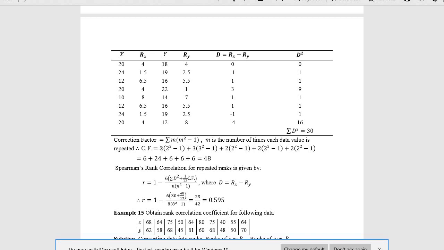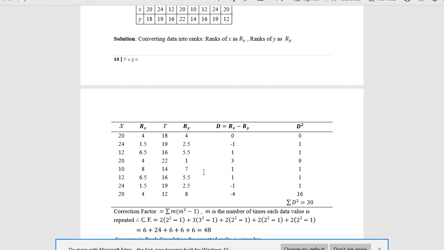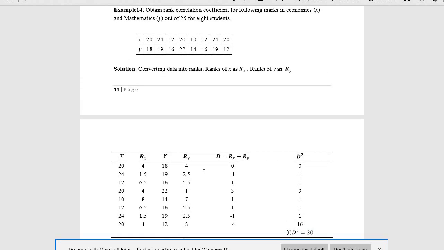If a value is repeated 2 times, 2 into 2 square minus 1; if another value is repeated 3 times, 3 into 3 square minus 1. Like that we have to calculate. I think here some of the values have repeated ranks. So once again, verify the correction factor.